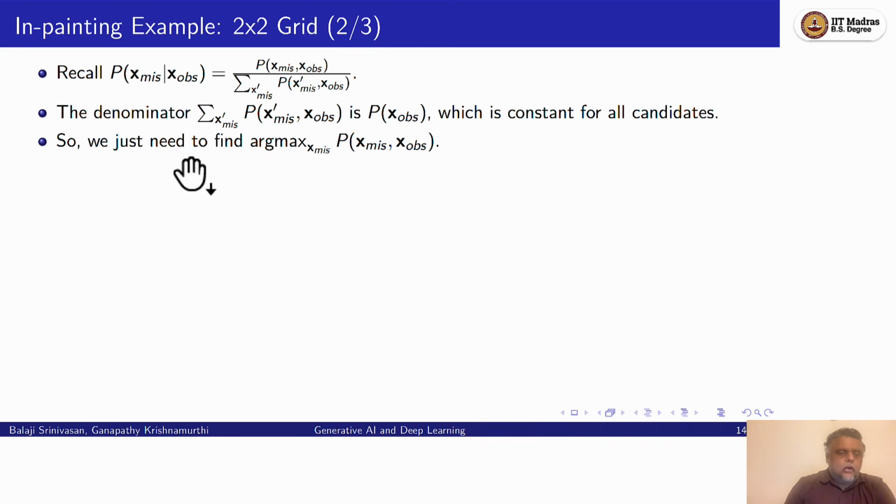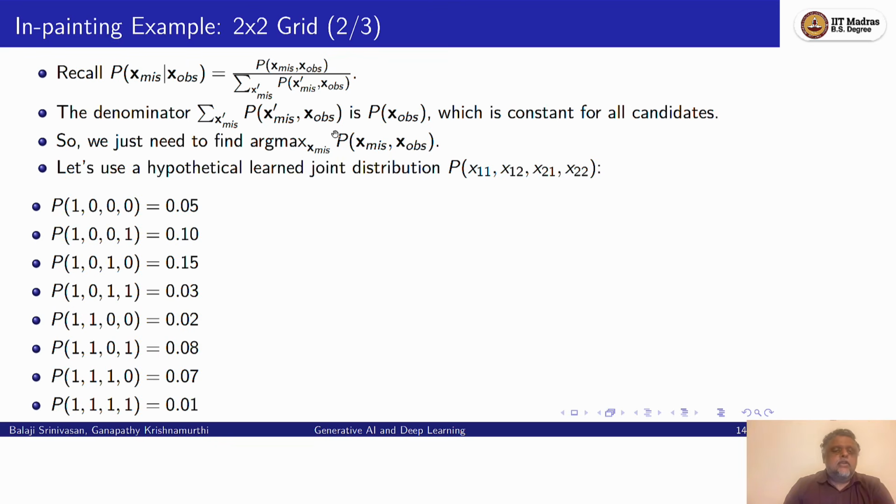So we just have to find the argmax over x missing of P of x missing, x observed. That is, which configuration of the missing pixels corresponds to the highest value of this probability, or which combination of x missing would maximize this probability. That's all we need to find out.